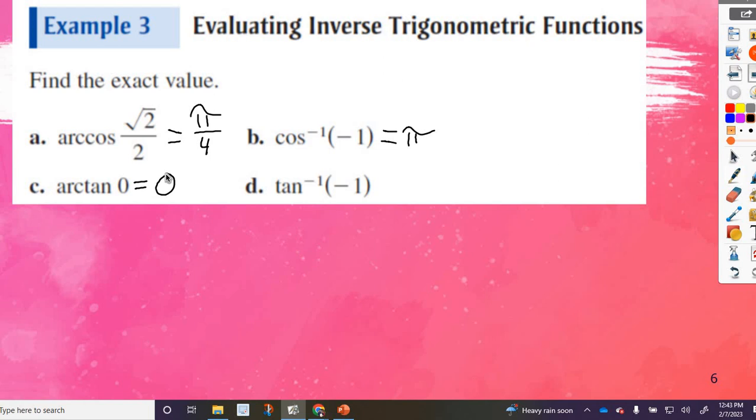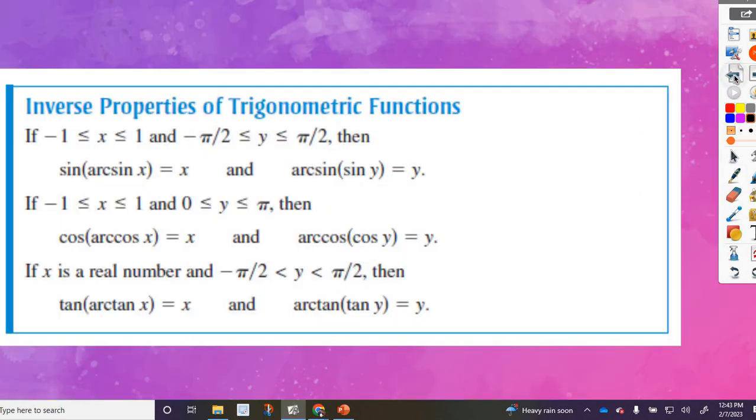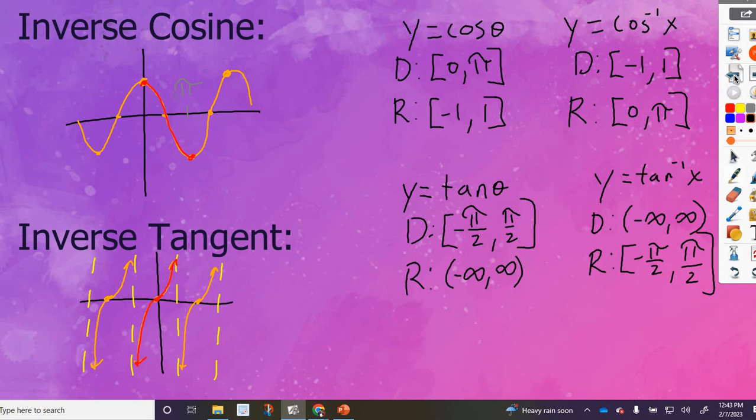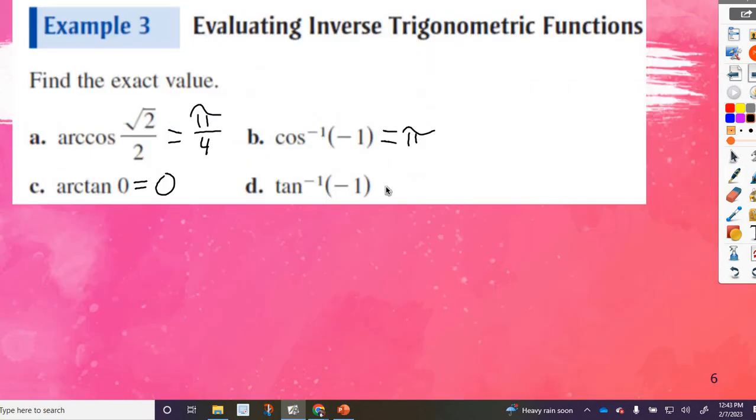So, in order for it to be negative, remember that we have to go backwards, right? So if we go backwards, what's going to have the same reference angle as pi over 4, but going backwards? Negative pi over 4. So this is negative pi over 4.